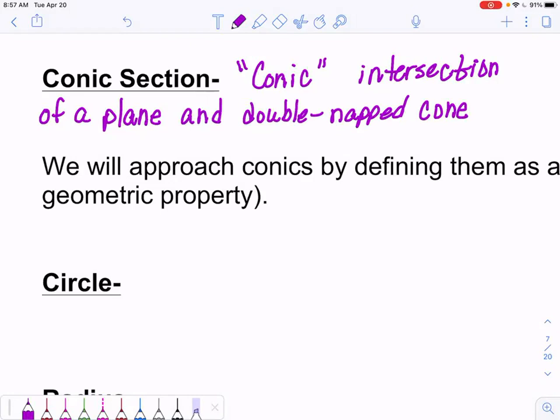Notice the word cone in the word conic. So a conic is created from a double napped cone and the intersection of a plane.